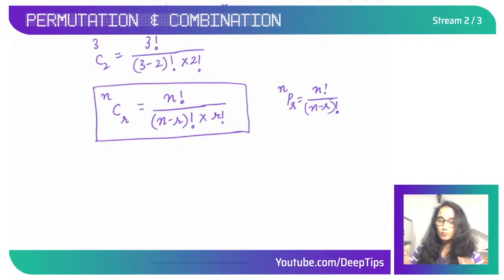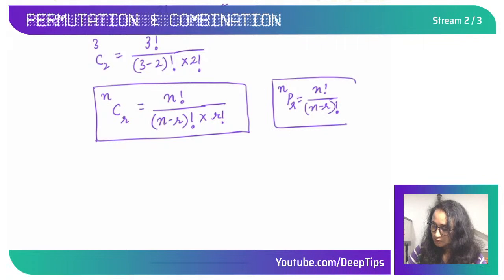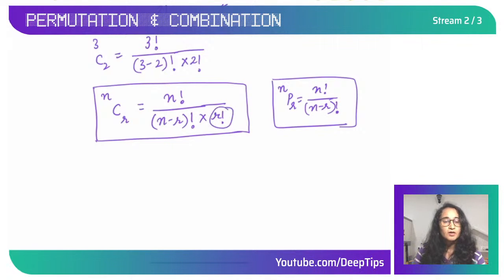Now I want to stress that you should be very clear in your mind that permutation is when order matters. So this was the formula. If you divide it by r factorial, it means whatever you are selecting, there are that many factorial number of ways to arrange it. We are dividing because we don't want duplicates in combination. If we have written PQ in combination, we don't want QP.